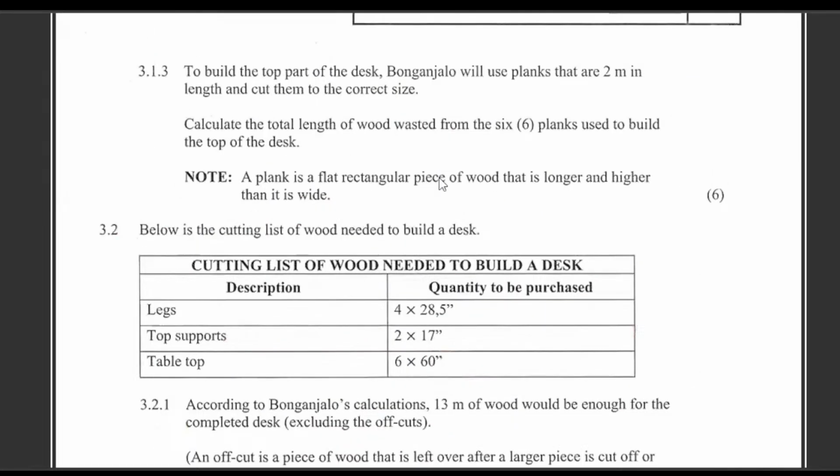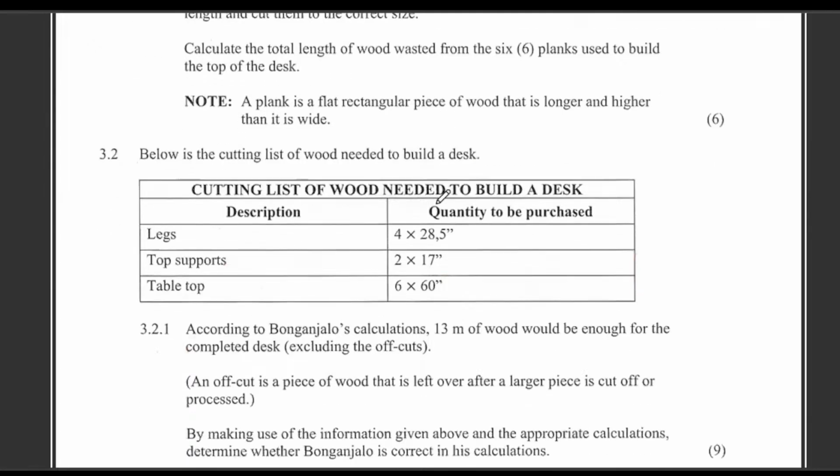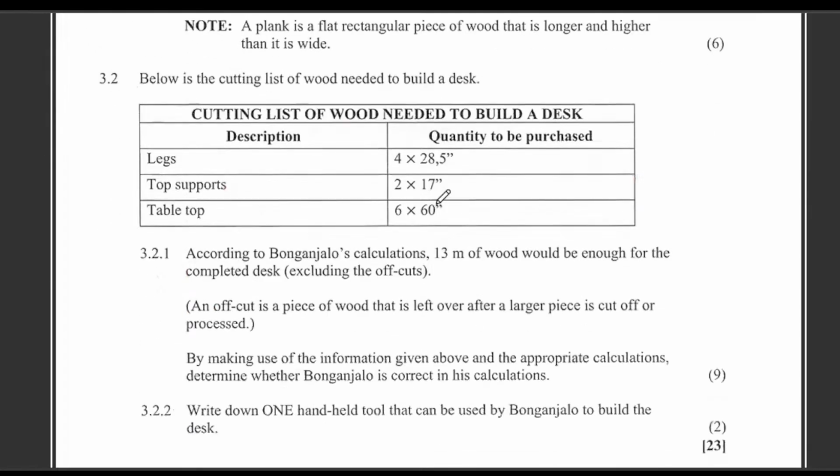Okay, let's look at that. Below is the cutting list of wood needed to build a desk. The cutting list. Okay, quantities to be purchased. According to Bonga Njalo's calculations, 13 meters of wood would be enough to complete the desk, excluding the cutoffs.